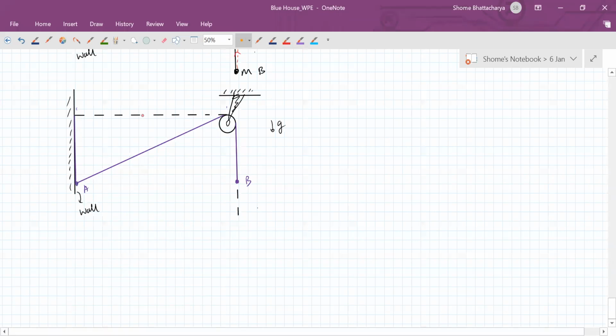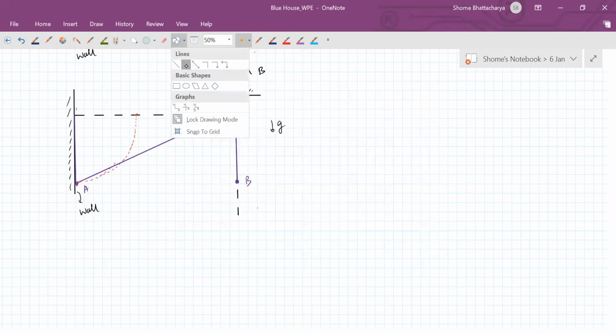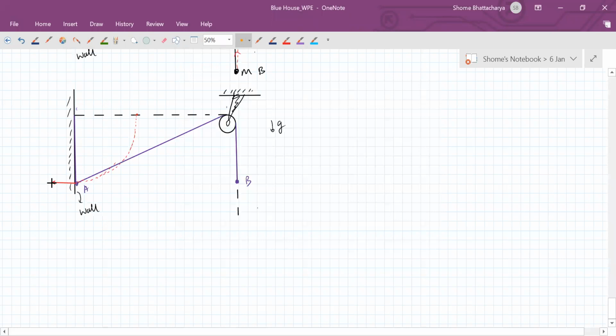A has taken the path from here like this. So when A is about to hit the wall, just at that moment when it's going to impact the wall, its velocity will be horizontal, because the string connecting A to the point O is vertical, and B will have a vertical velocity.